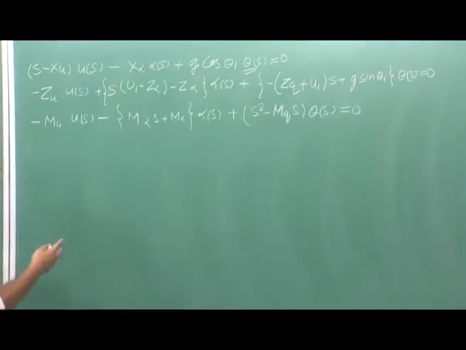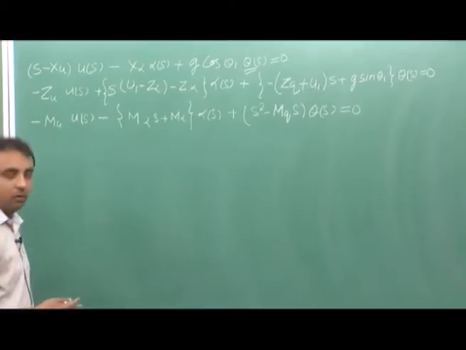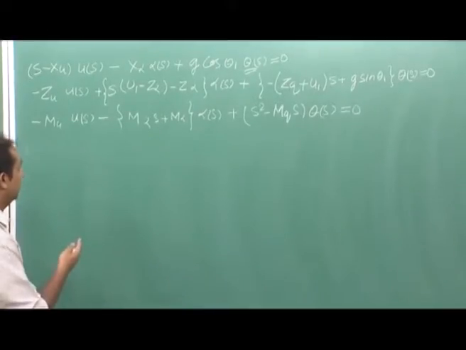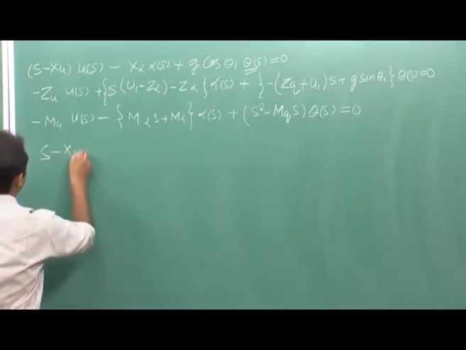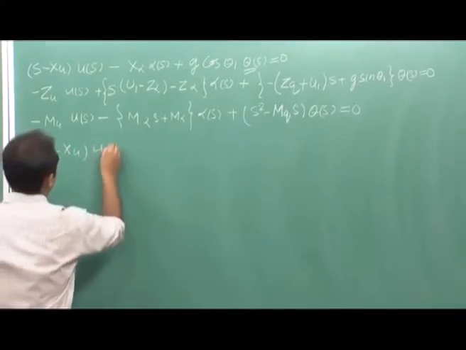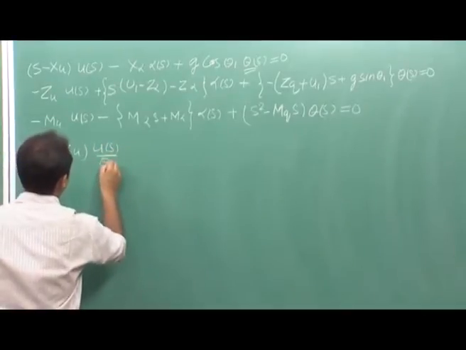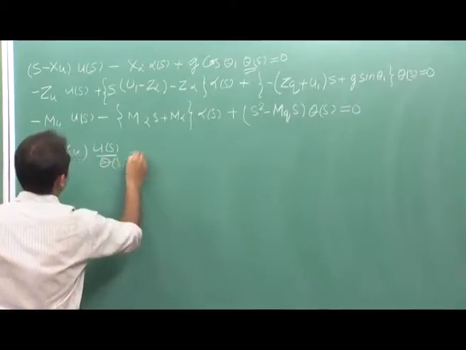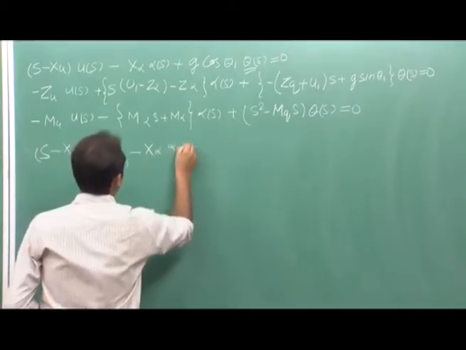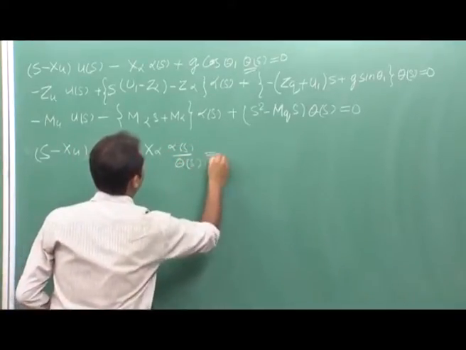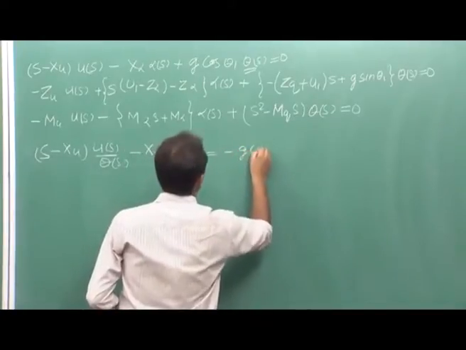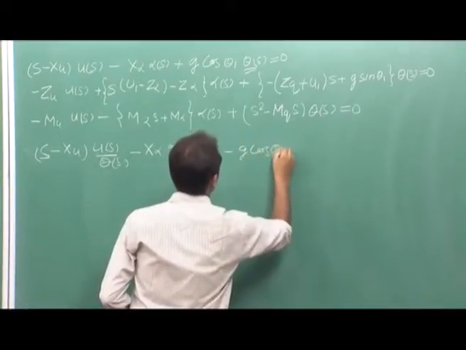Dividing this differential equation by theta of s, because we want the relationship between these variables, we get the first equation as s minus x u, U of s by theta of s, minus x alpha, alpha of s by theta of s, equals minus g cos theta 1.